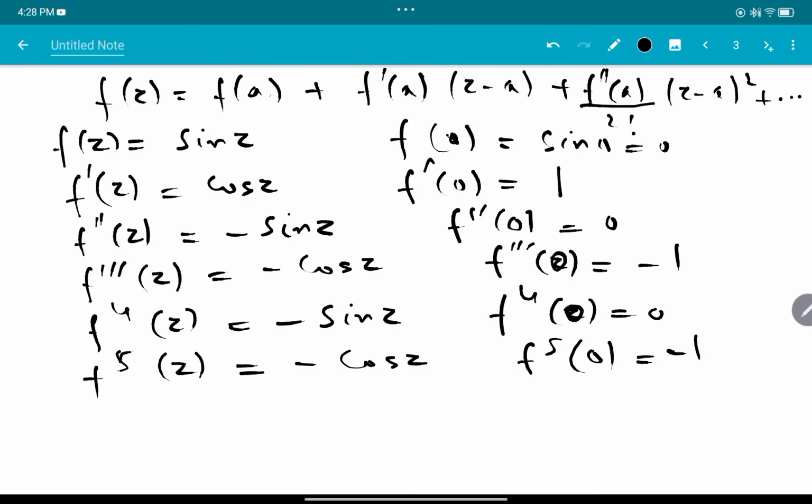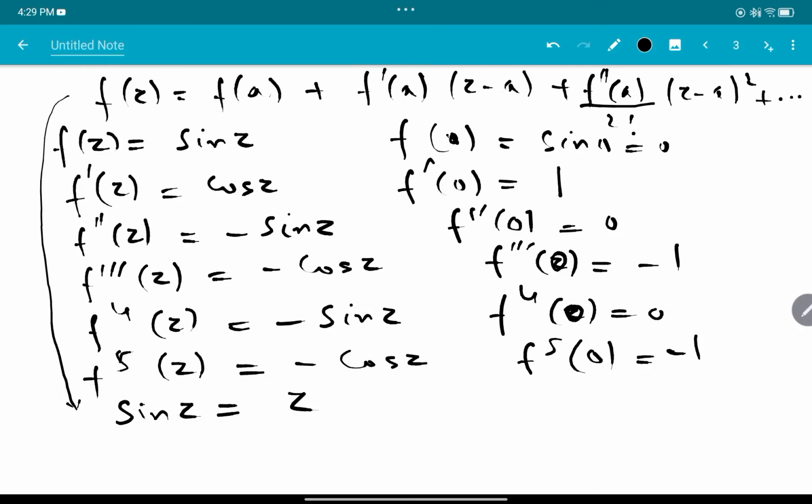So, enough. Now in this place we will write sin z is equal to f(0), that is 0, then f'(0) times (z minus a), that is z, because we are expanding about a equals 0.